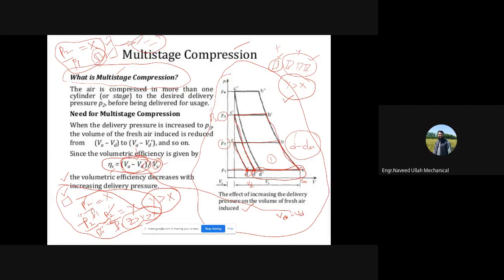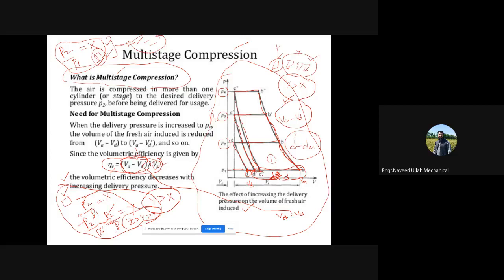Again if you are further increasing the pressure ratio, this will be your compression process, this is delivery, and this one is expansion. So VA minus VD double bar is now the induced volume, ठीक है.